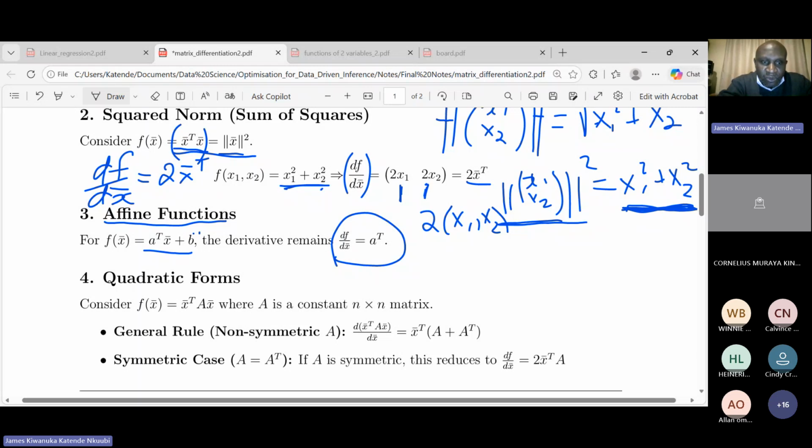You can test this by doing the expansion yourself and seeing that indeed it works, because b does not have any impact when you do the differentiation. It will vanish for all derivatives. So you'll still be left with just the transpose of A as your derivative. So this affine function is essentially the same as a linear function, but we have a constant term added. That's it.